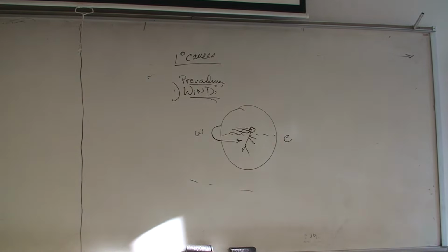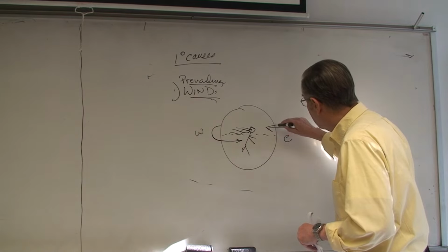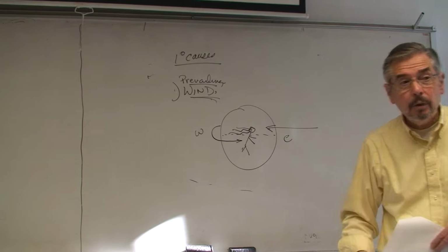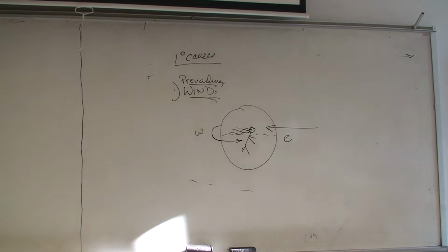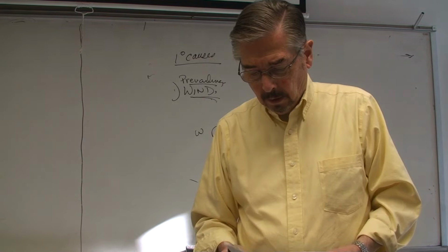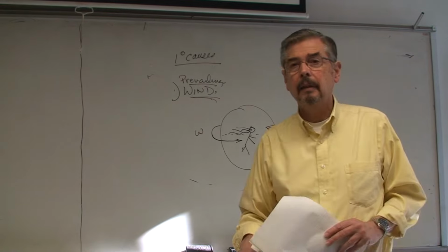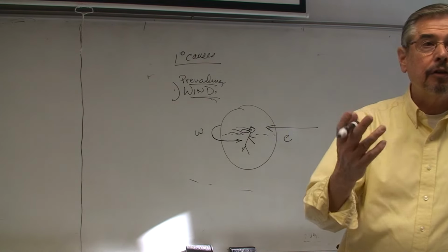To you, the air seems to be moving from east to west, and it's only because you are moving into that mass of air above the Earth. So, the first cause of wind is the Earth's rotation.